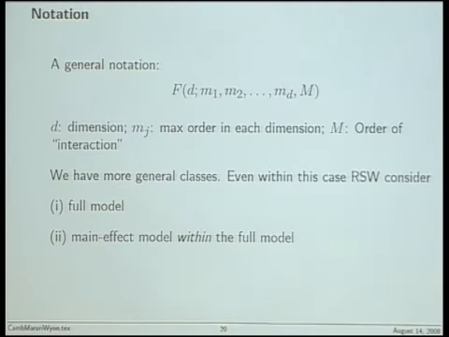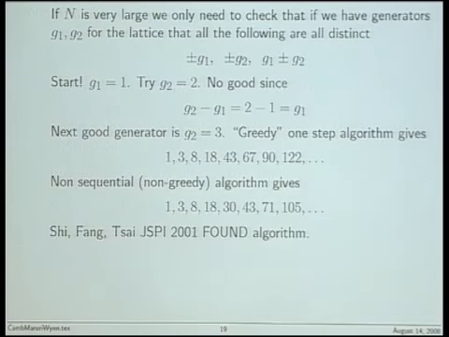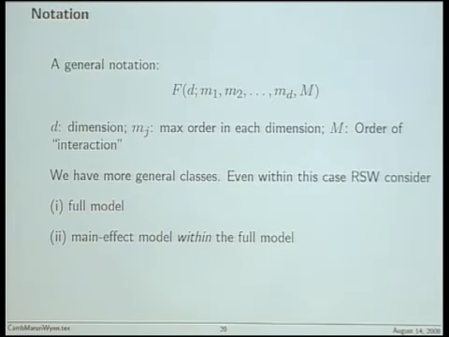Okay, so before we do that, let's have a general notation before I give you the little bits of magic. This is a Fourier model. This says I want terms up to order m1 in one variable, m2 in the other variable, and m is the order of the interaction term. So this would be a full model, main effect within the full model. Okay.